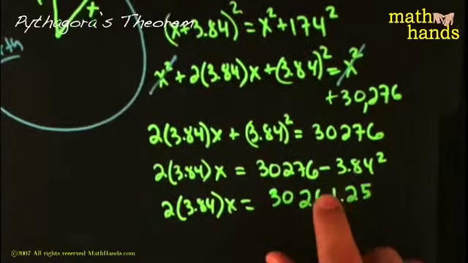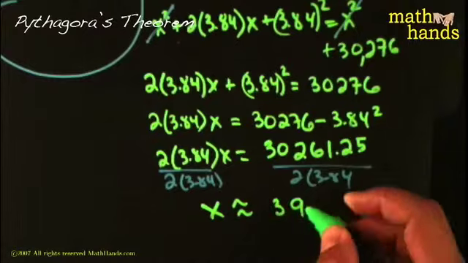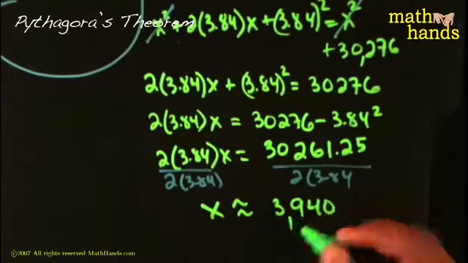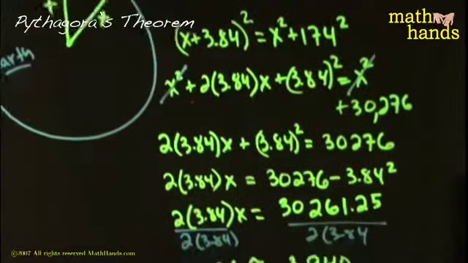This is about 14, so that leaves us with about 30,261.25. Next we divide both sides by 2 times 3.84, and that gives us x. x is equal to approximately 3,940. That, my friends, is just a rough estimate.